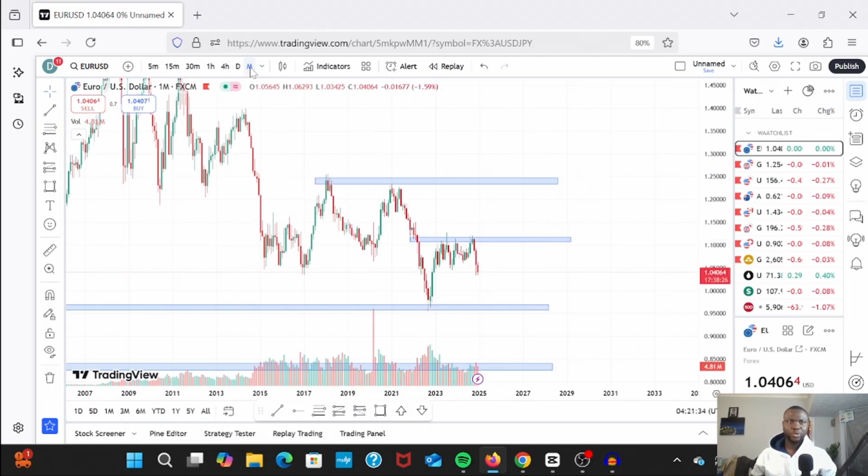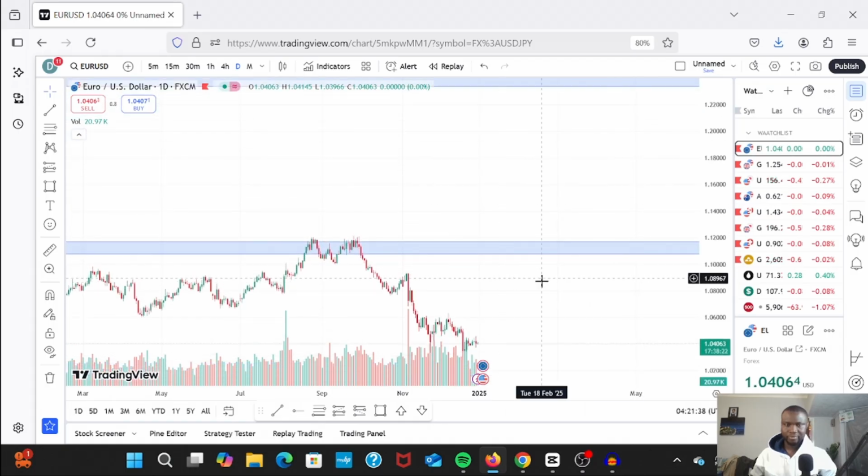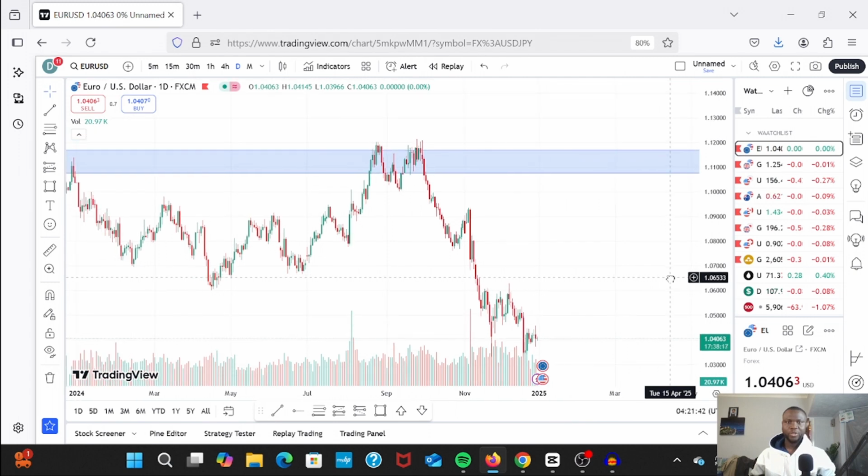So what I need to do is to go to my daily time frame. Now my daily time frame, remember, I'm only concentrating on this aspect of the market because this is where I'm trying to get an opportunity to dive into any trade.